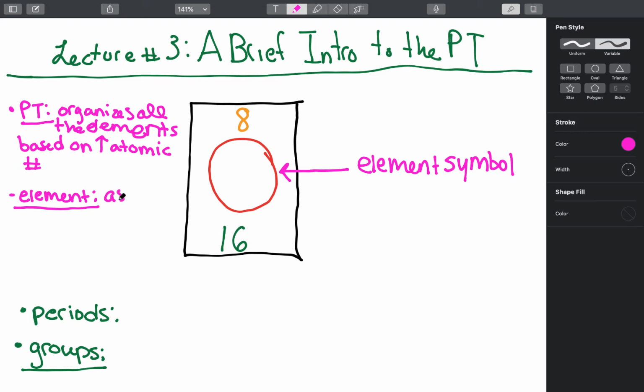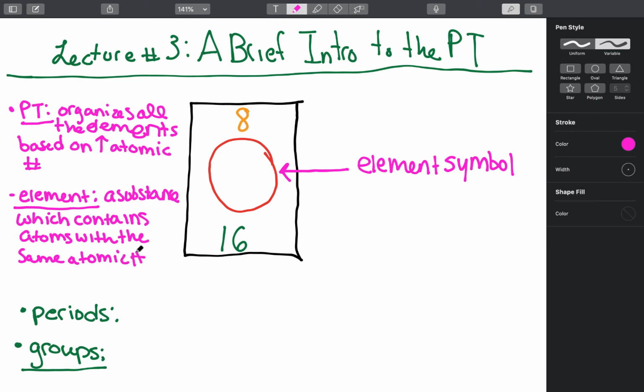An element is a substance which contains atoms with the same atomic number. So the letter that you see in the middle of each box is the element symbol. So in this case, we are talking about oxygen.